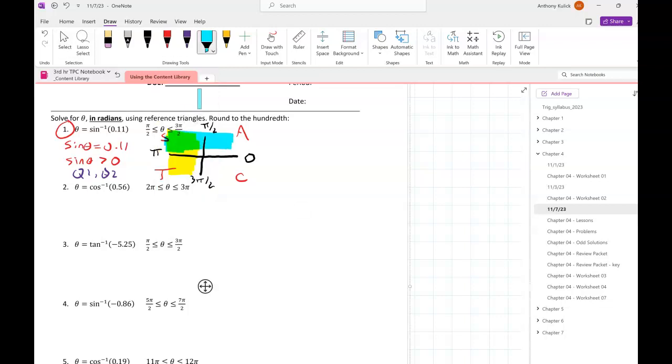Why do you have more than one? Well, remember sine is y, right? So where on the xy axis is y a positive value, a y coordinate positive? Quadrant 1 and quadrant 2, right?